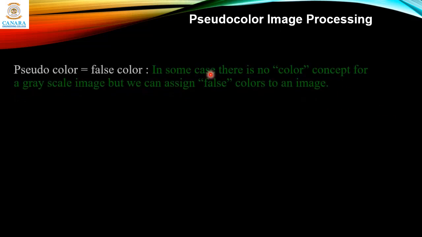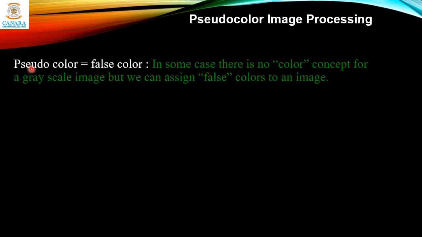Let us first understand what we mean by pseudo color image processing. The term pseudo means false. Here we are just replacing a grayscale with some color. In some cases there is no color concept for a grayscale image, but we can assign false color to an image.